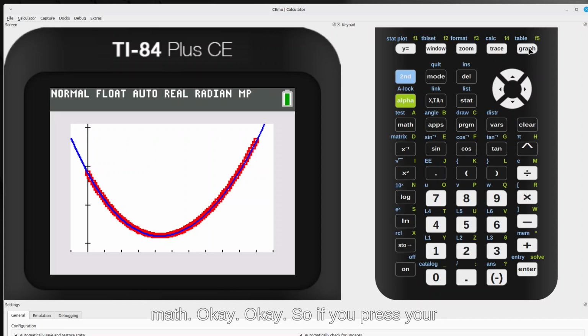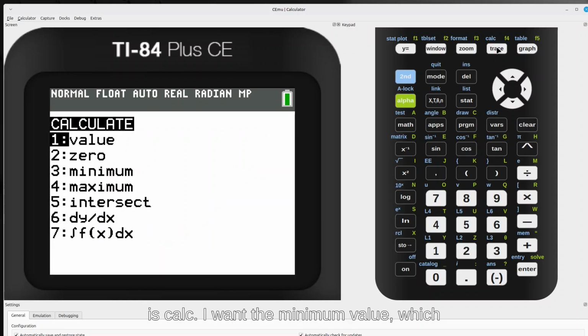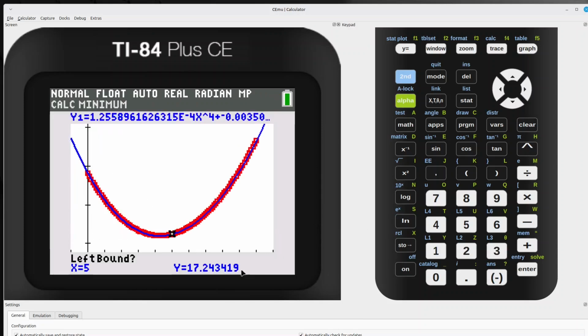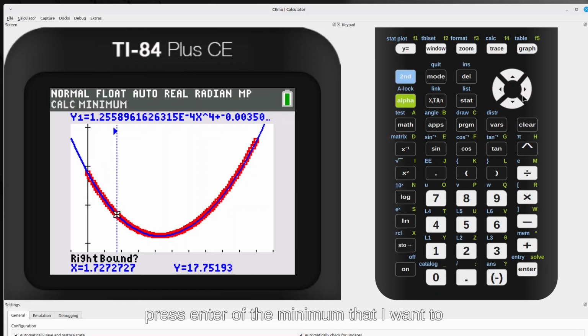If you press your second key, and up here on L4, it says Calc. So I'm going to second trace, which is Calc. I want the minimum value, which is the third choice. To get the minimum, I need to put the cursor on one side and press enter of the minimum that I want to measure.